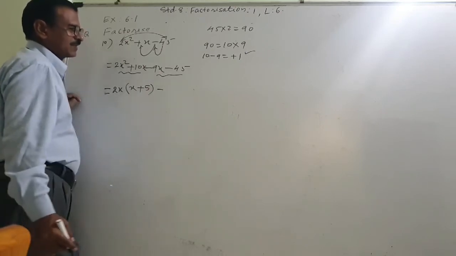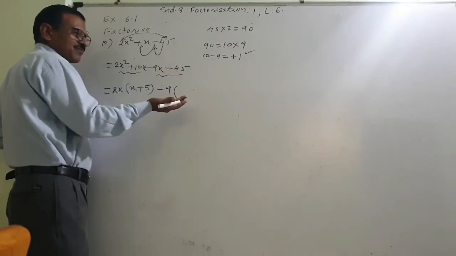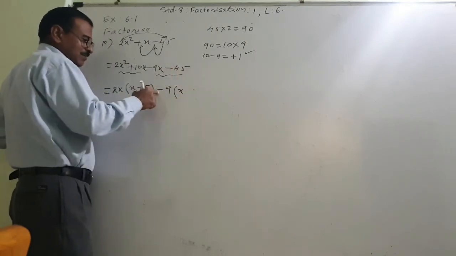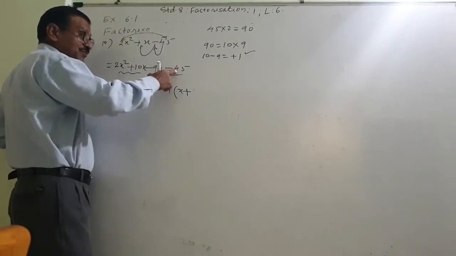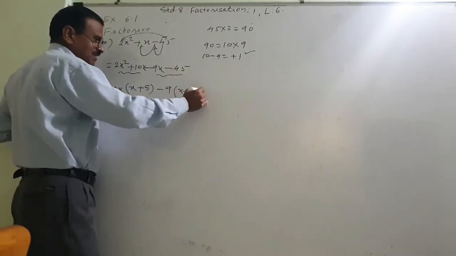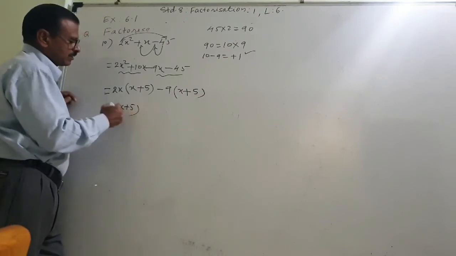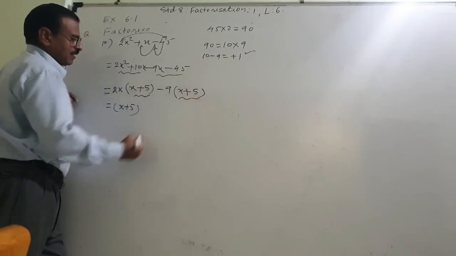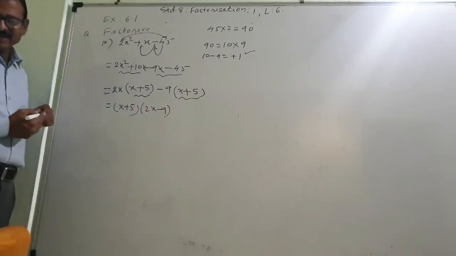Minus 9 is common because this is 9 into 5. So x remains, minus taken so plus it will become, and 9 taken means 5 remains. So that is equal to x plus 5, see the brackets are same, into another bracket 2x minus 9. And these are the factors of this.